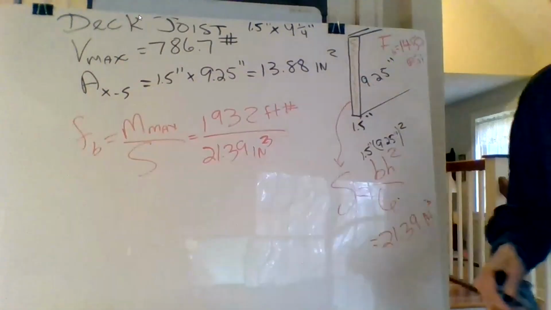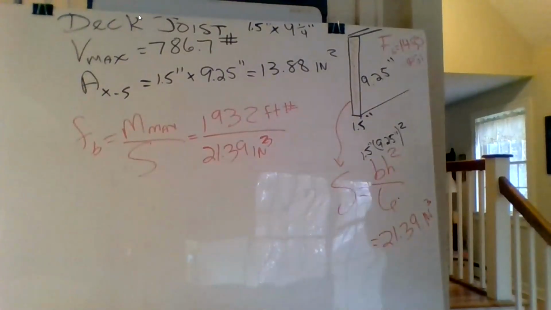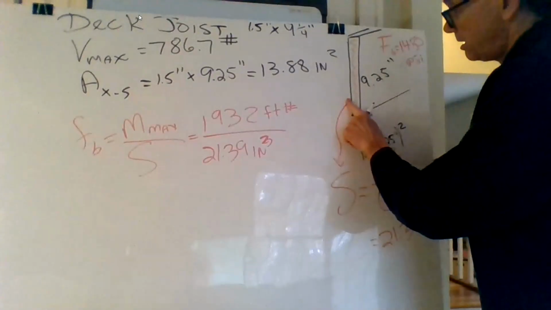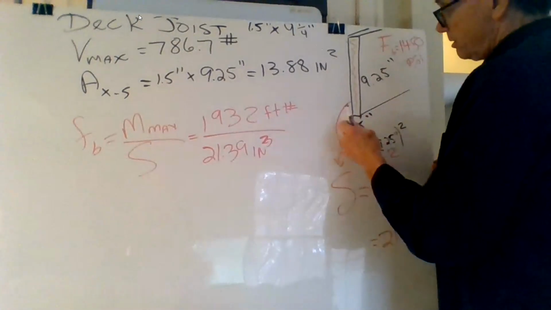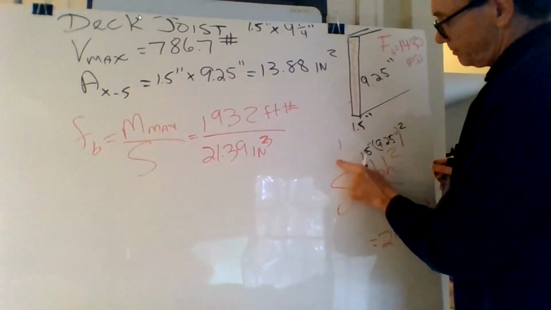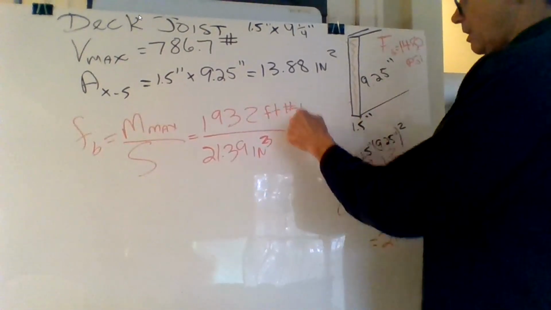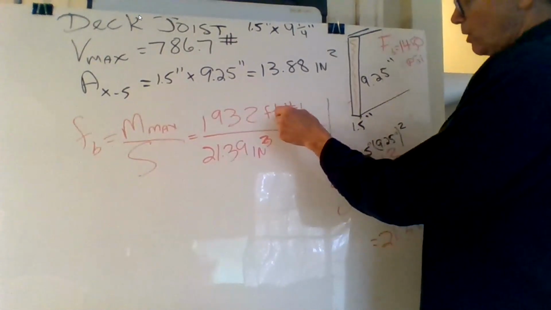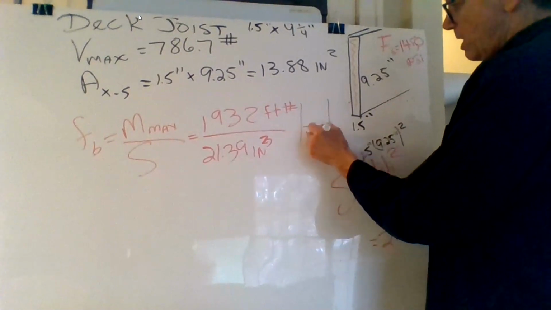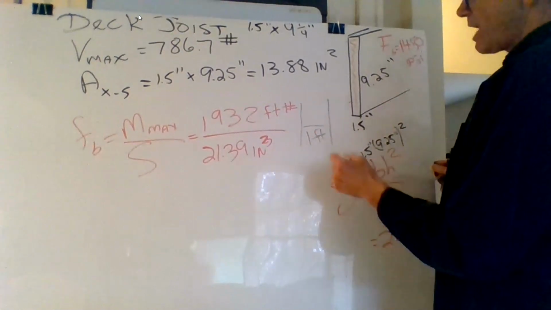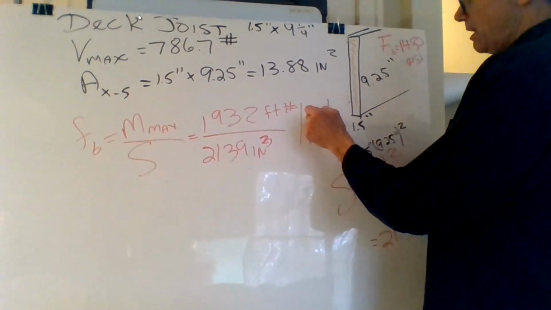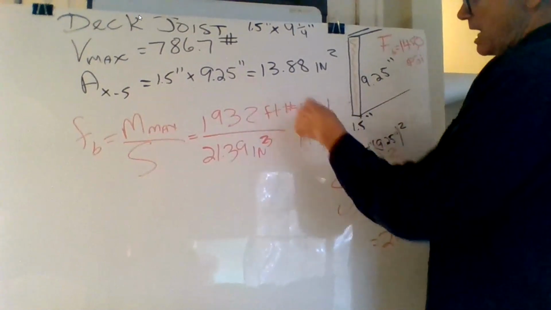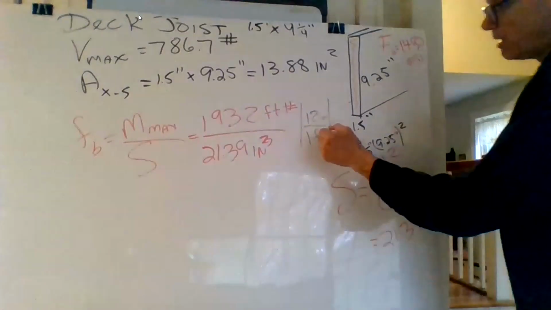Convert it. I'm going to take this out so I got some room. And here's my good old dimensional analysis. If I want to get rid of feet, I put feet on the bottom. The voodoo that we do, 1 foot is 12 inches. It's not squared, so I leave it alone. Feet cancel.